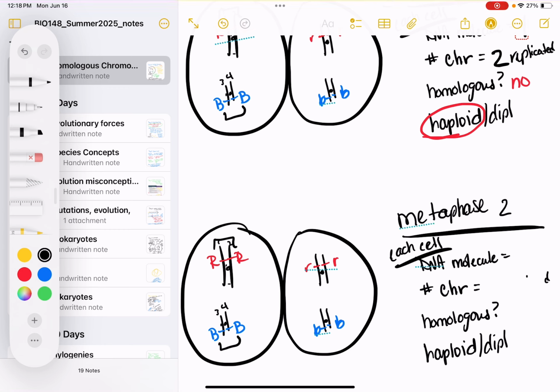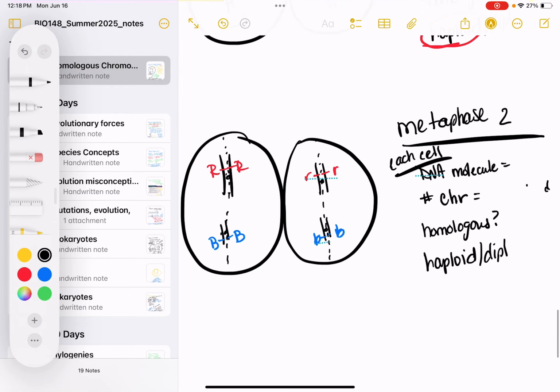The only thing that really changes here is that I have this metaphase plate starting to form, and it's going to be dividing the sister chromatids. If I'm looking at my numbers of DNA molecules, it's still the same. The metaphase plate is there, but there's no other change.